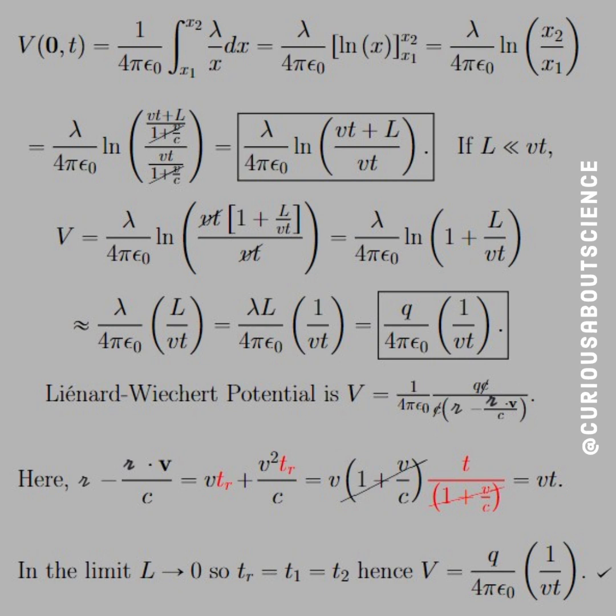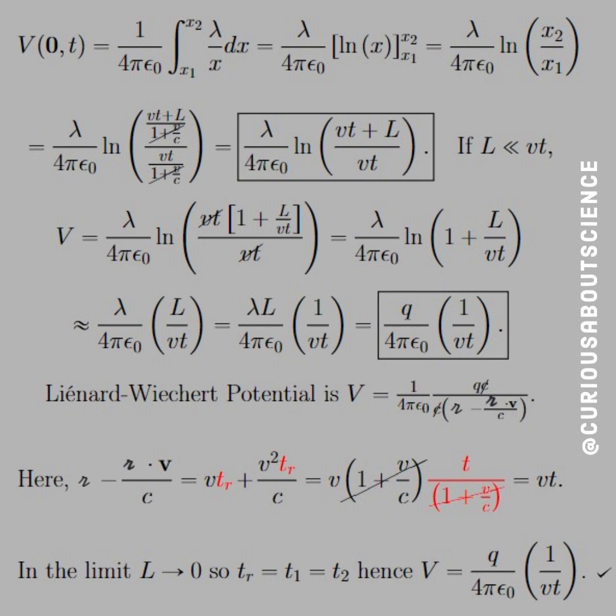And so we're left with lambda over 4 pi epsilon naught times ln of (vt plus L) over vt. In the point charge limit, where L is much less than vt, if we factor out a vt for everything, then we're left with lambda over 4 pi epsilon naught ln of 1 plus L over vt.